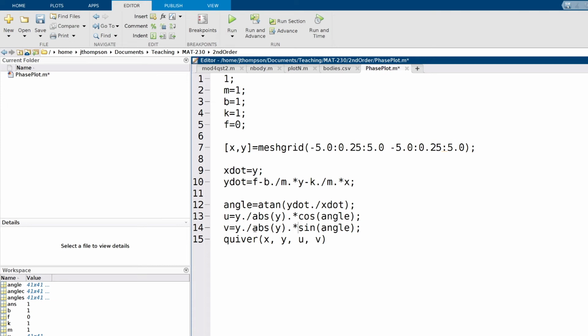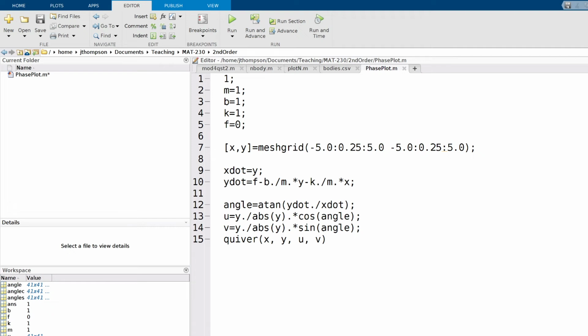Well, if y is negative 4, divided by the absolute value of negative 4 will be negative 1. If y is positive 4, divided by the absolute value of 4 will be 1. And so this function here does the job of translating our sign information for us and helping take care of our vectors.